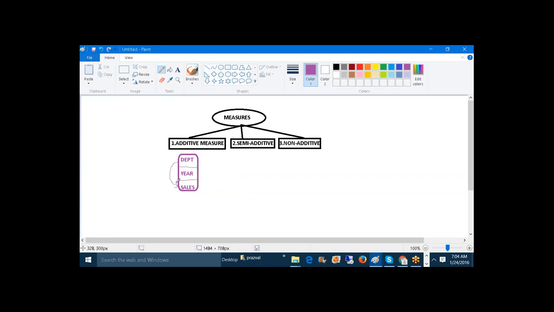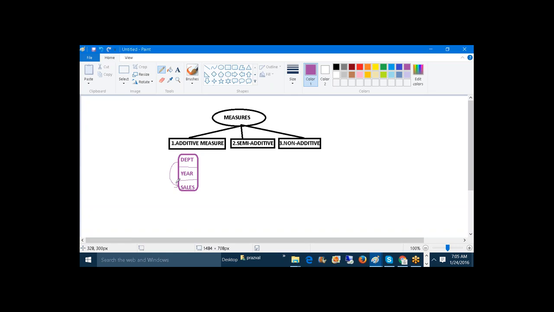If you apply average, it gives average sales, and department wise average sales is also meaningful. Similarly, min or max gives the department wise minimum and maximum sale. After applying the aggregation, comparing with the list of dimensions available here, sales is giving meaningful output. So if the measure supports all the aggregations and gives meaningful outputs, it is known as an additive measure.